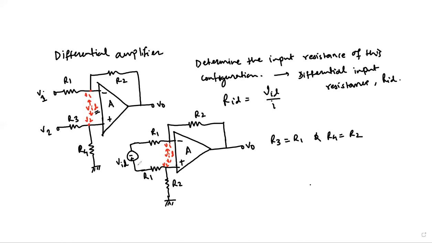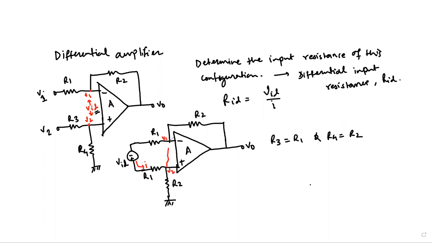The current starts flowing through this loop, and because of the virtual ground concept, we have these voltages V1 and V2.